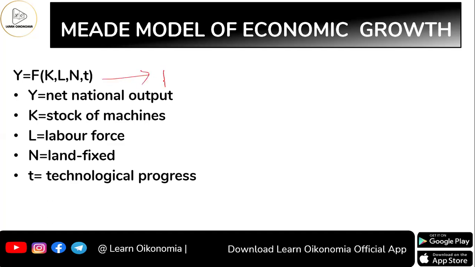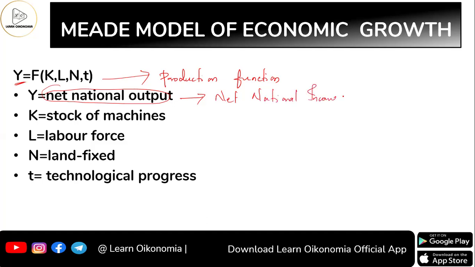This is a production function that Meade was using. And in this production function, we could find that Y is equal to f of K, L, N, and T. Here Y stands for the net national output in the economy, or else the net national income in the economy.